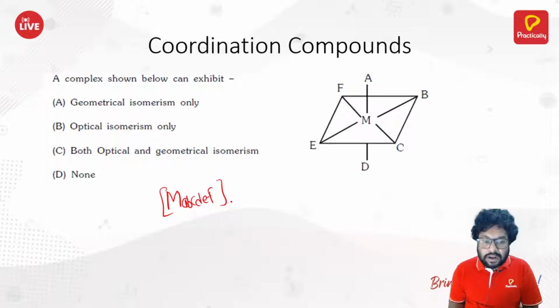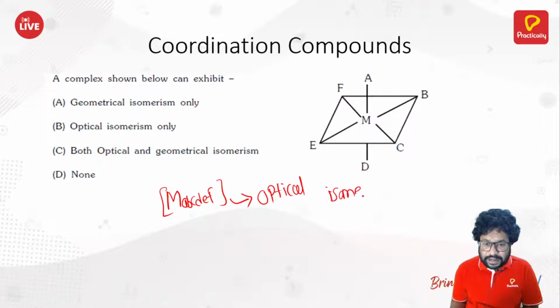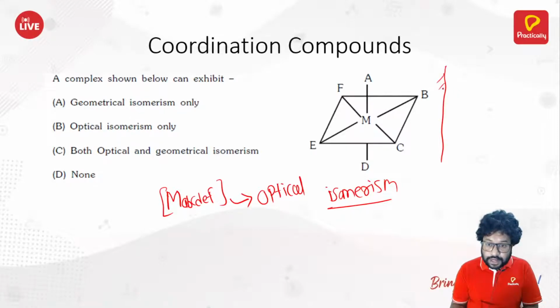This compound can always show optical isomerism. It can show optical isomerism. Yeah, definitely. How? If you have drawn this compound, suppose I take the mirror image of this compound. If you take the mirror image of this compound, this is our mirror plane.